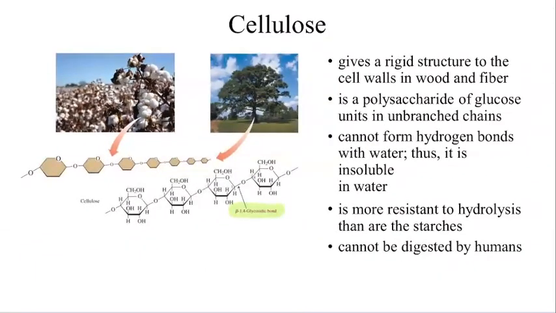Us humans cannot take fiber, break it down, and use it for energy, okay? So when we take fiber, it is taken in, and then sometimes we have soluble fiber, right? But cellulose specifically is not soluble in water because it cannot hydrogen bond with water. It actually hydrogen bonds with itself rather than with water.